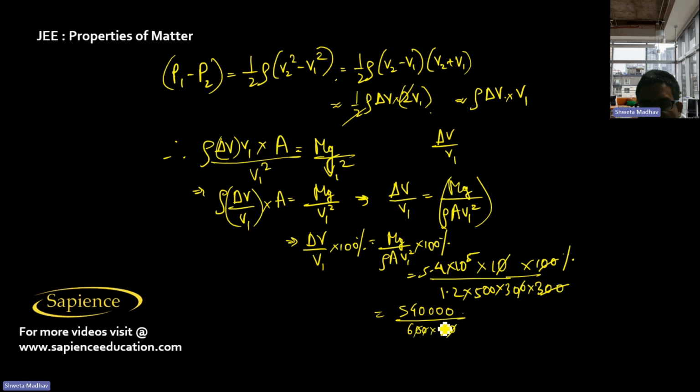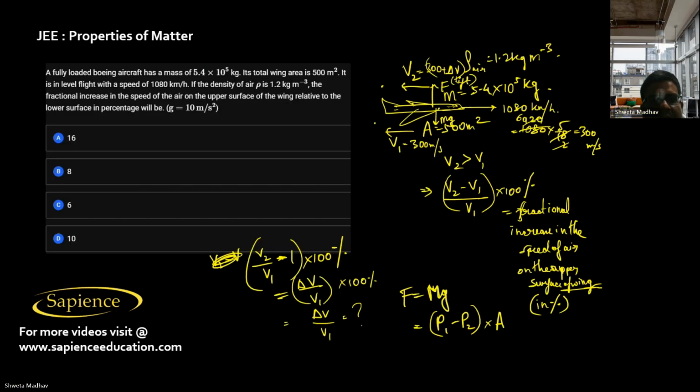The zeros cancel out. 3 6 are 18, 18 3 are 54. So this is 30%, the percentage increase in the speed.